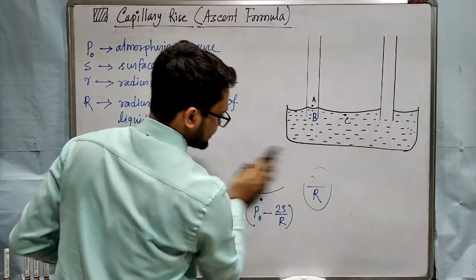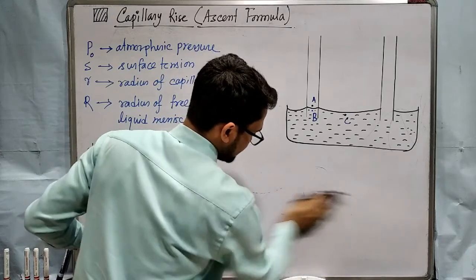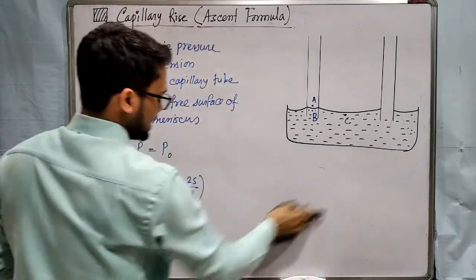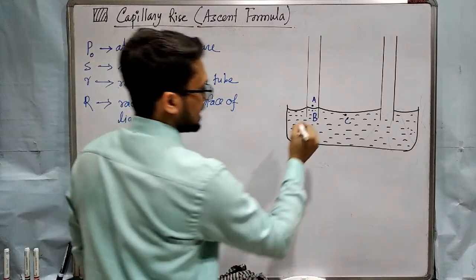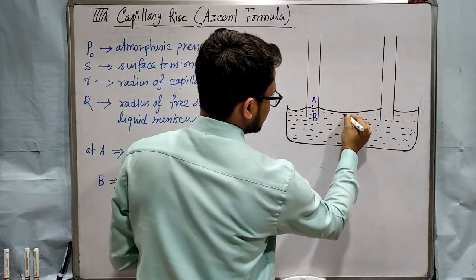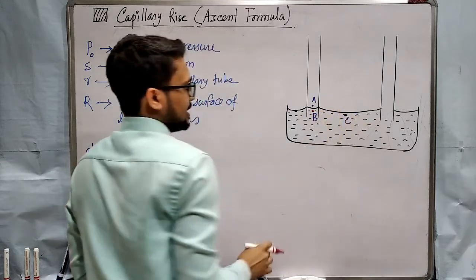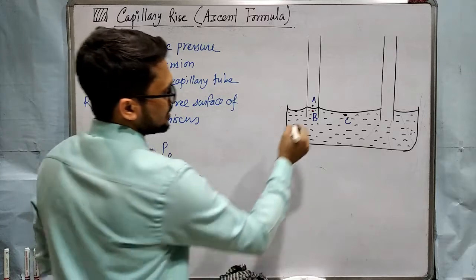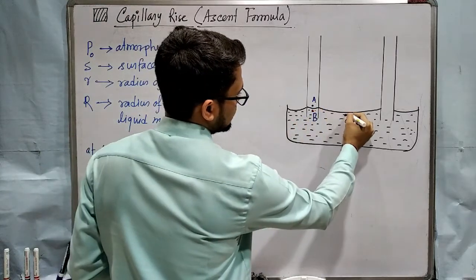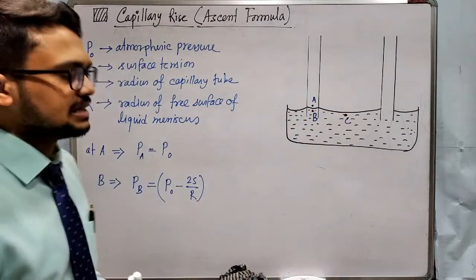Okay, now come to point B and point C. I have taken these 2 points in such a way that they lie at the same depth from the free surface of the liquid, just below the meniscus.